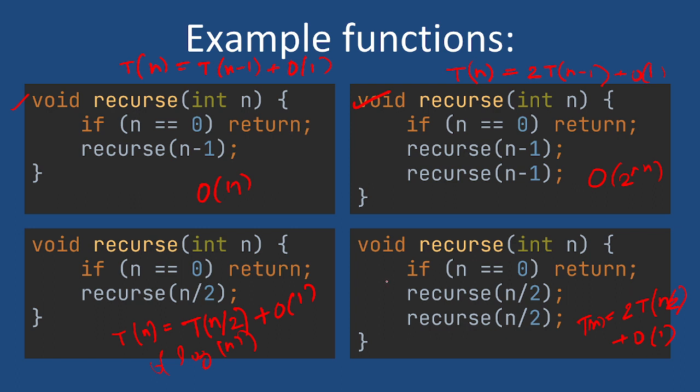If you were to see it as a tree, there would be n here, then n by 2, n by 2, n by 4, n by 4, n by 4, n by 4, like this, right? The height will be log n of the tree, and if you count the total nodes, it will come as n, or n minus 1 to be specific. So it will be O of n. Alright.